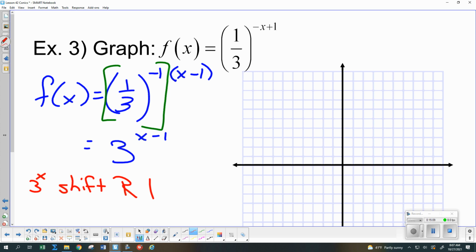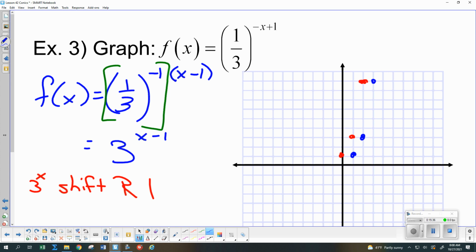We're going to do dots for 3 to the x, 0, 1, 1, 3, 2, 9. We are going to shift each of those to the right 1. We had an asymptote on the x-axis. If we slide that to the right 1, does it look any different? So we still have the horizontal axis as our asymptote.